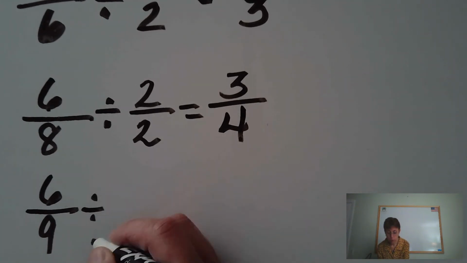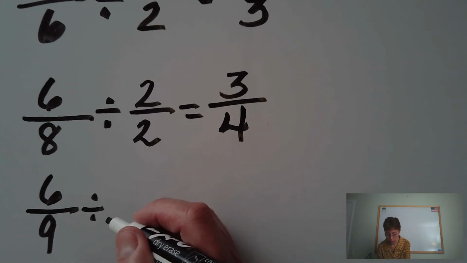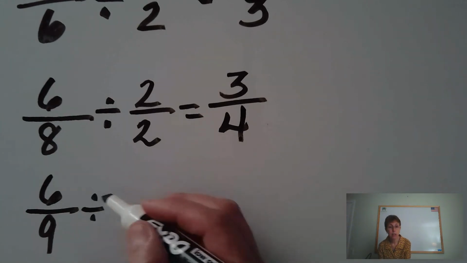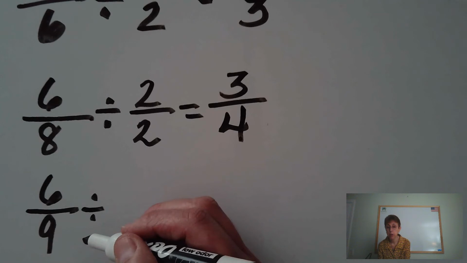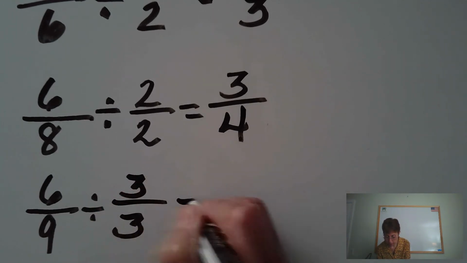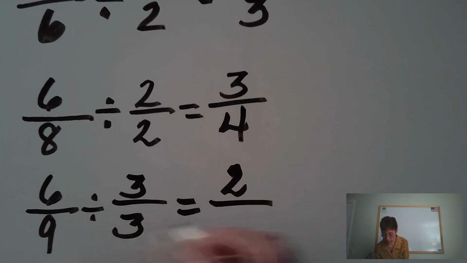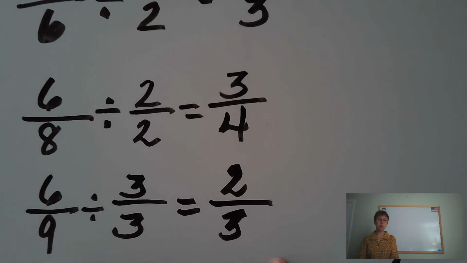So I can't do 2/2 because I can't do 9 divided by 2 evenly. What about 3/3? I can divide 6 by 3. Can I divide 9 by 3? Yes. So I'm going to do 3/3. 6 divided by 3 equals 2, and 9 divided by 3 equals 3. So 6/9 can be reduced to 2/3.